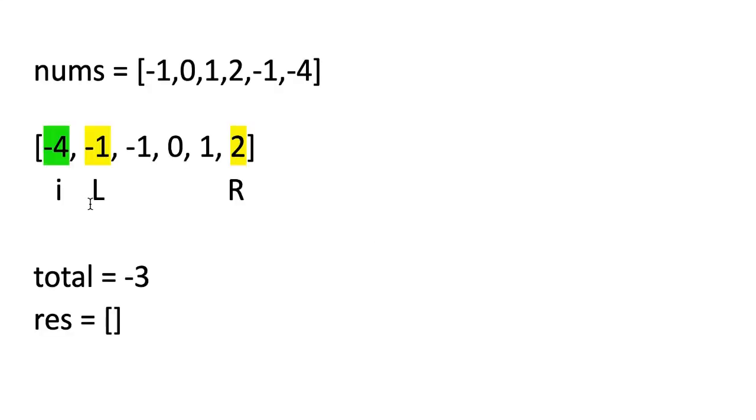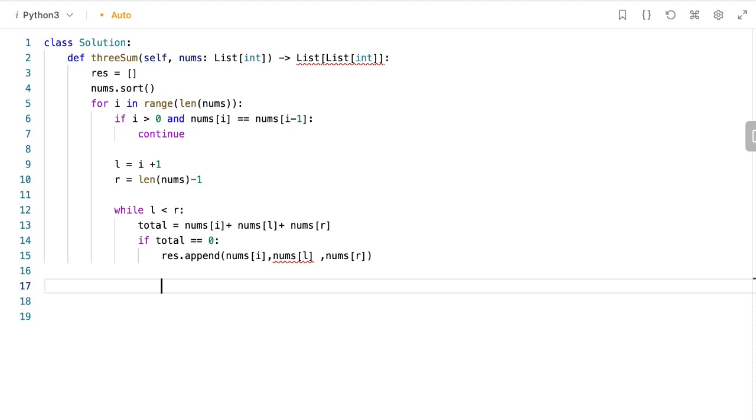If the left pointer element is equal to the next element, the sum will be again the same, so we can just increment the left pointer. Similarly, if the R pointer element is equal to the prior element, we can just decrement the R pointer. Let's implement this in the code.